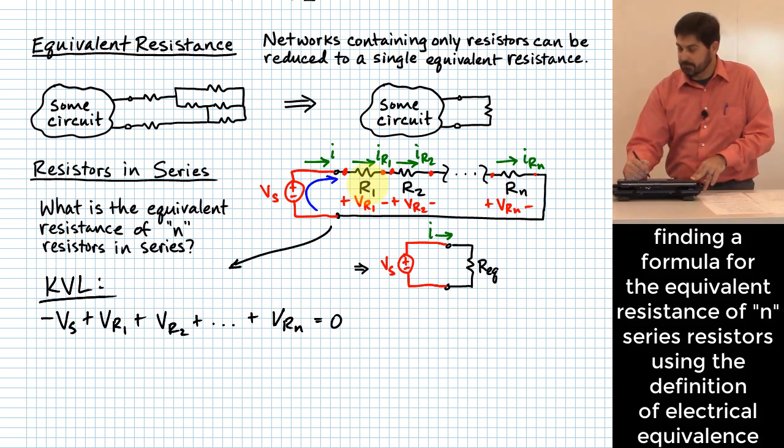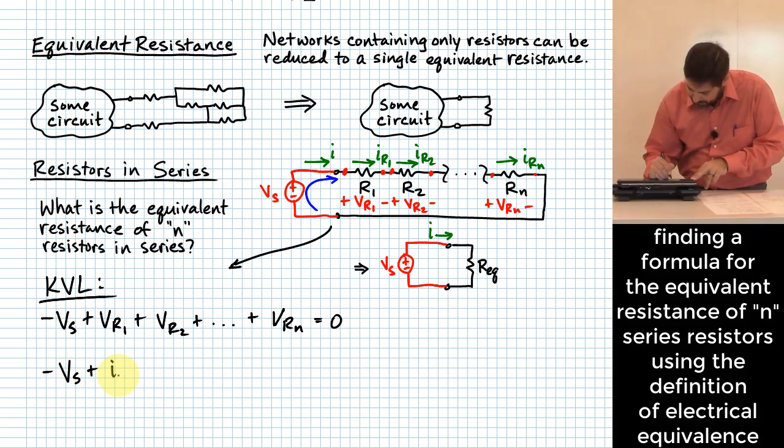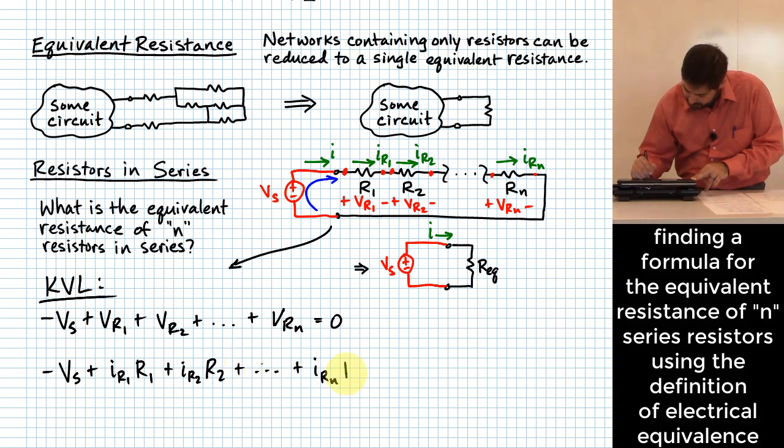Agree with that? Okay, so let me go through and replace all of those. I have minus Vs plus IR1 times R1 plus IR2 times R2 plus dot, dot, dot, plus IRN times Rn, and that has to all equal 0.